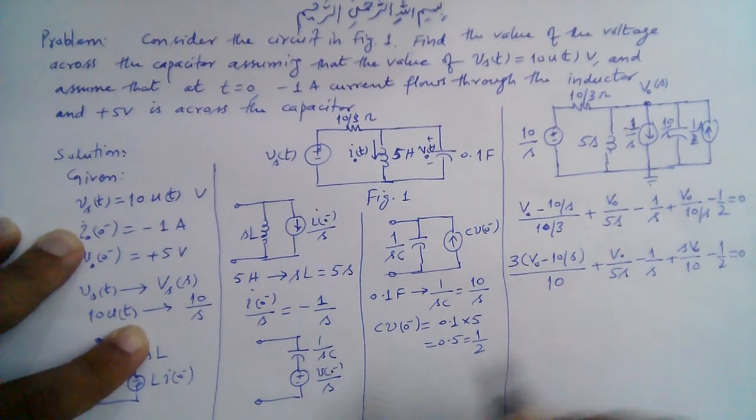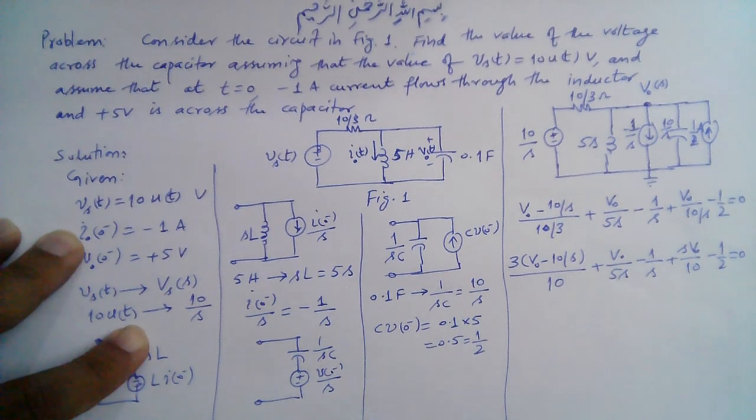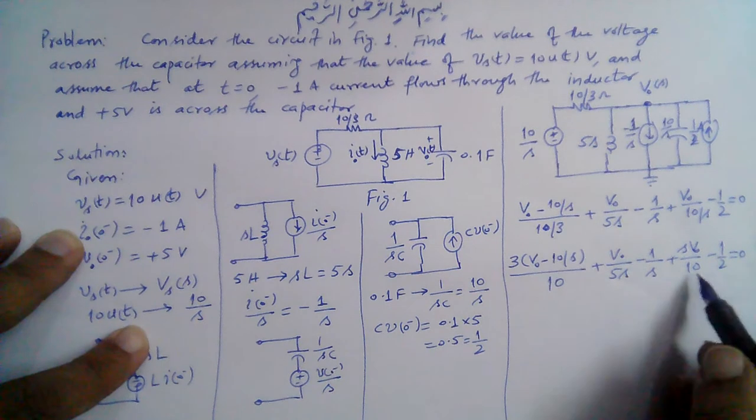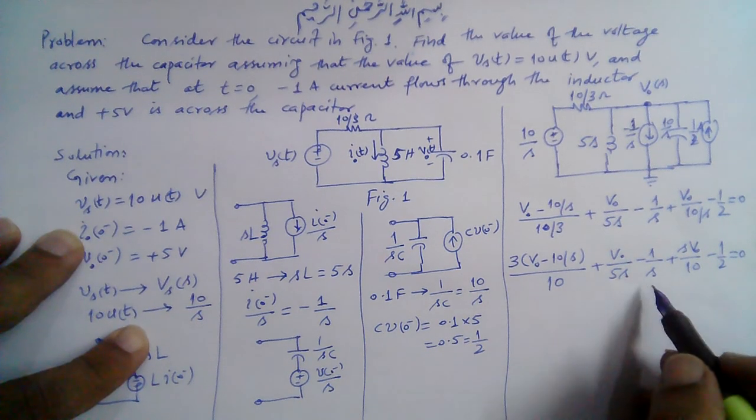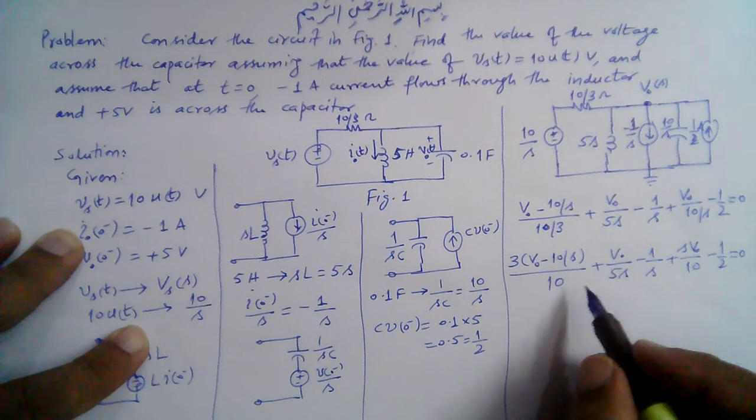is equal to 0, right? So we can multiply throughout by 10S.